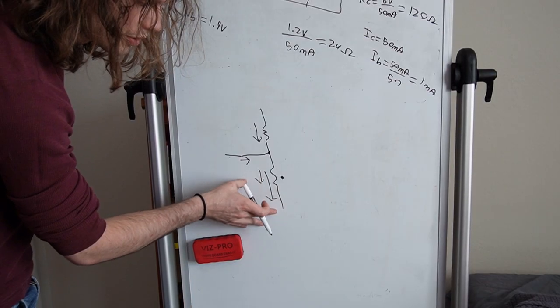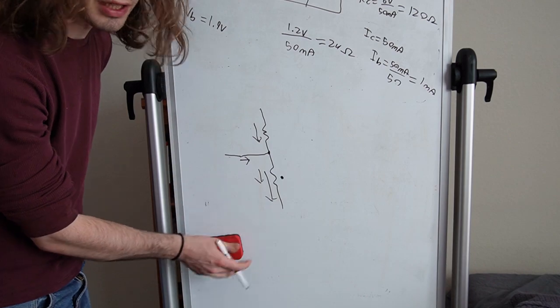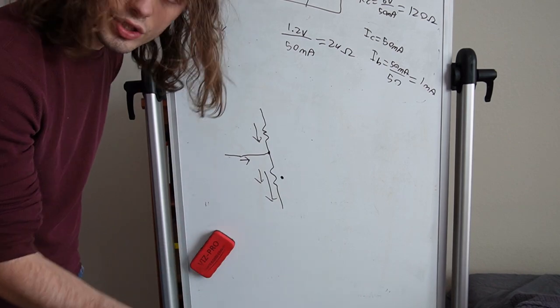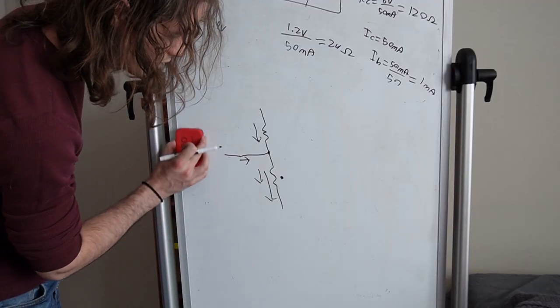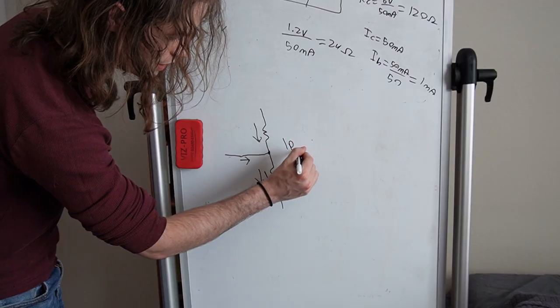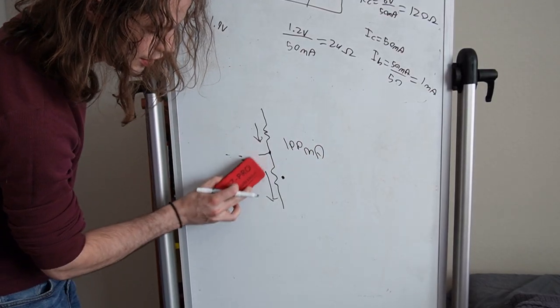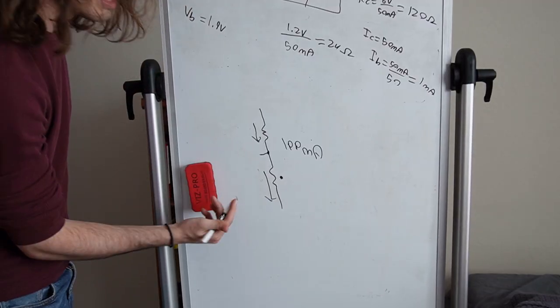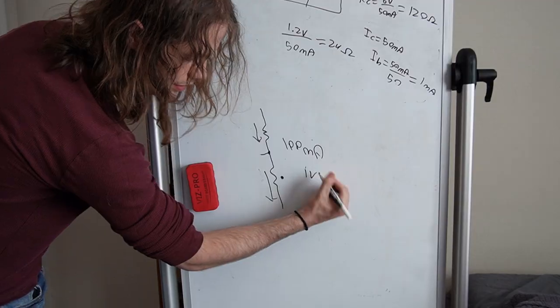So this fluctuation will cause a voltage shift here. The question is, how much voltage shift will it cause? If you imagine it like this, let's say that in total there is about 100 milliamps running down without the audio input, and that creates a voltage of maybe just 1 volt.